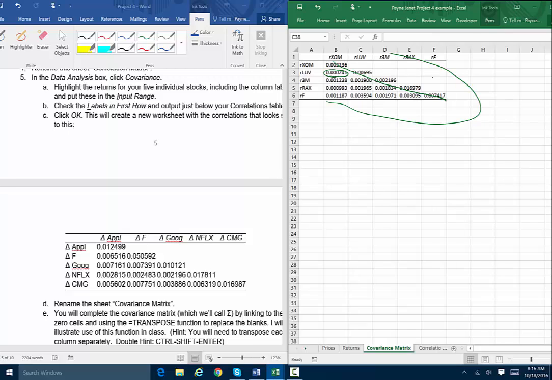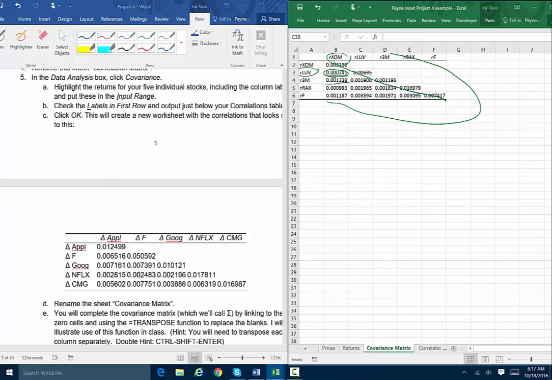We're going to fill that in, so we have to look at these two, ExxonMobil with Lowe's, and that's the covariance. So it's not really very meaningful unless you look at it compared to something else. So you can see that the covariance between ExxonMobil and 3M is a lot higher than it is between ExxonMobil and Lowe's. You kind of expect that.